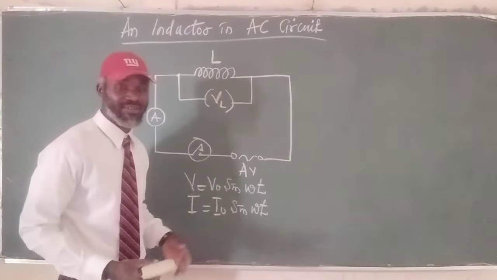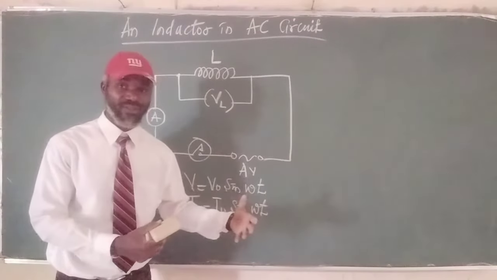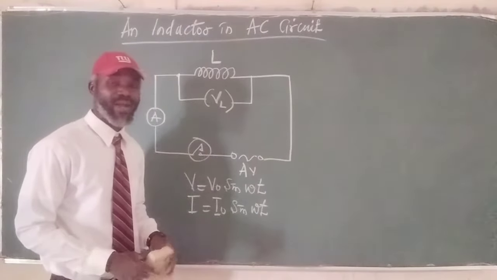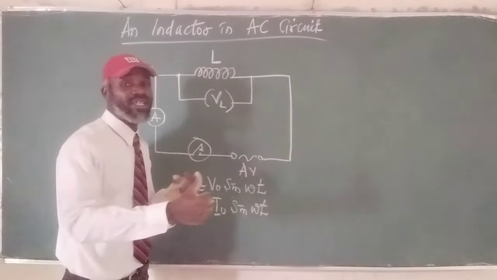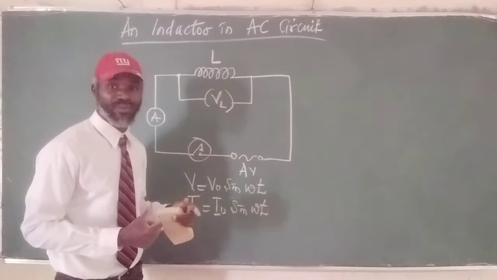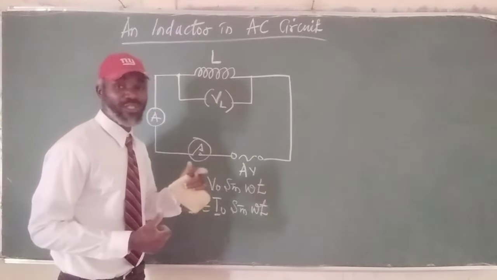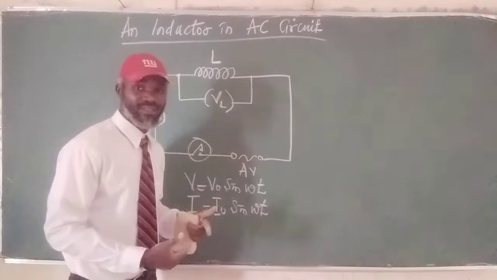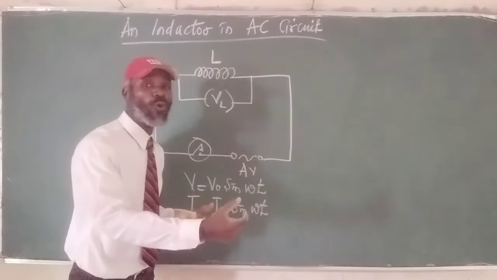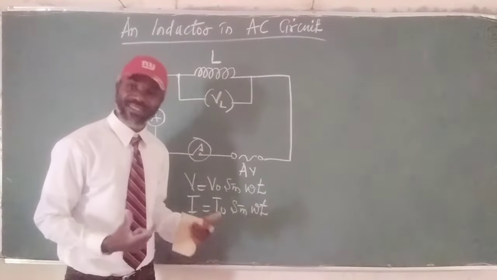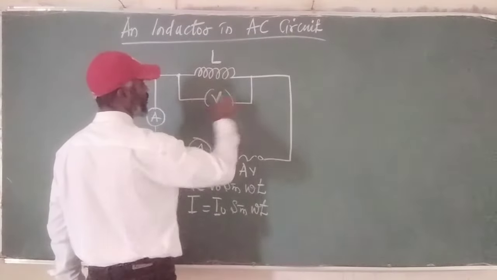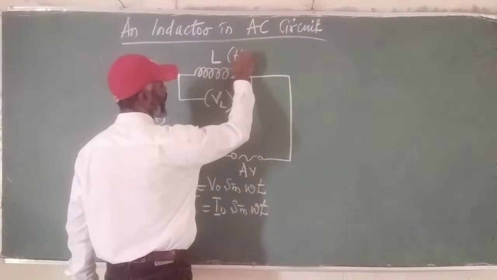It opposes the current flowing through it by producing a magnetic field that will oppose the current. The inductor is measured in Henry, H.